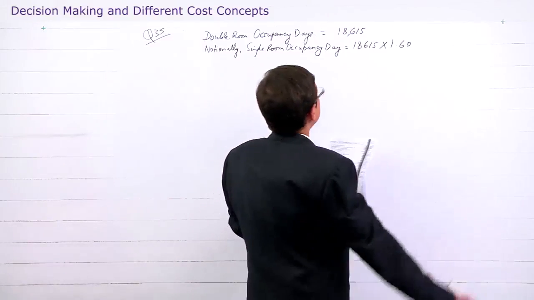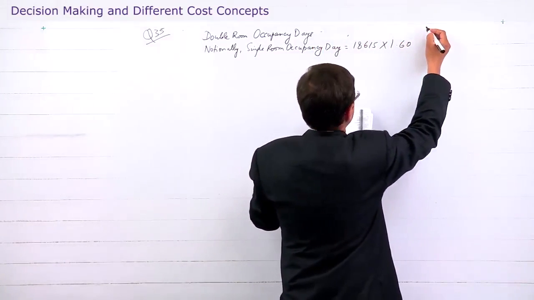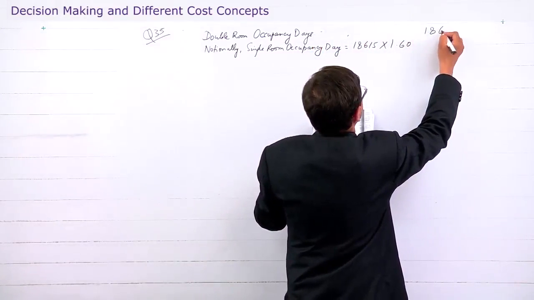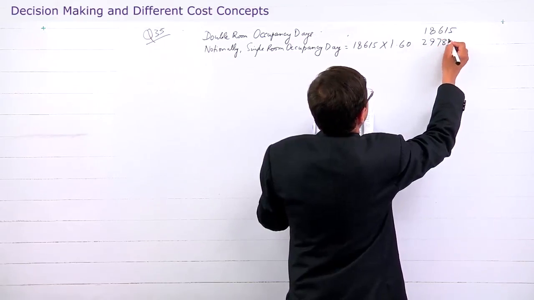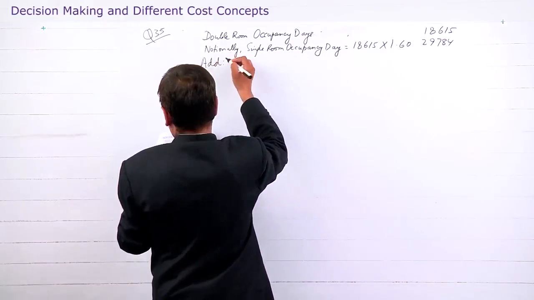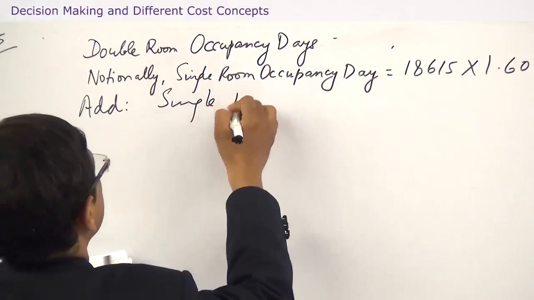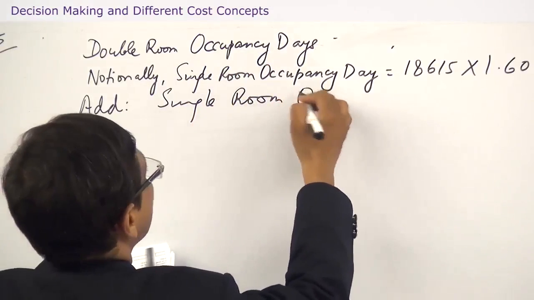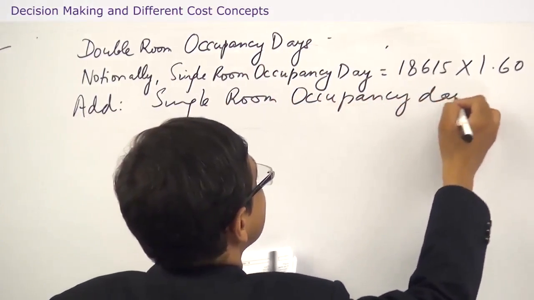this is the total value. So let's do it here. Add single room occupancy days.